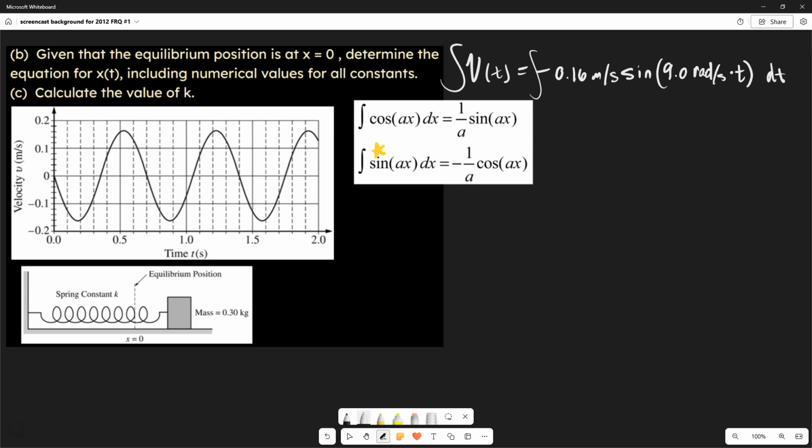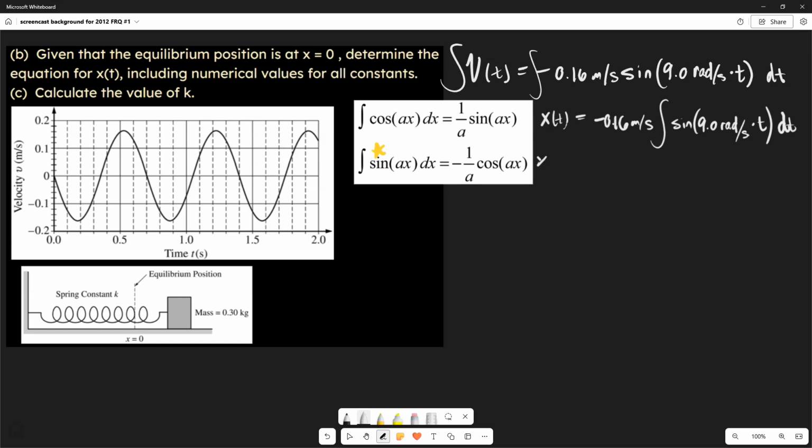So we're going to say this is x with respect to time is equal to, now because we're taking the integral, we can move this constant out in front, 0.16 meters per second, and take the integral of sine, and then inside the sine function we have 9.0 radians per second times time, and that's going to be dt. Okay, so very good.